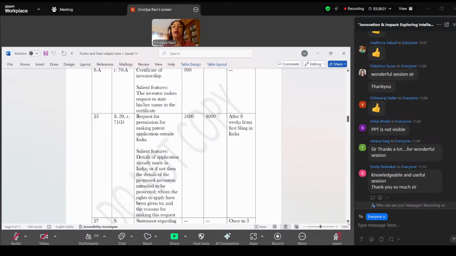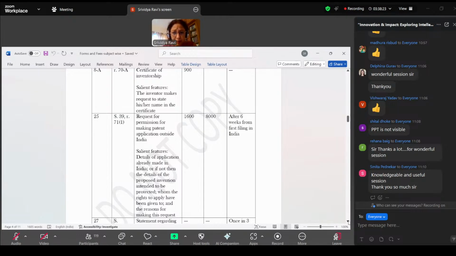So these are the various forms which are put across during, as I said, filing and processing of a patent application. A few more forms in the same theme is Form 25, where you request the patent office to file a patent outside India before you file in India.